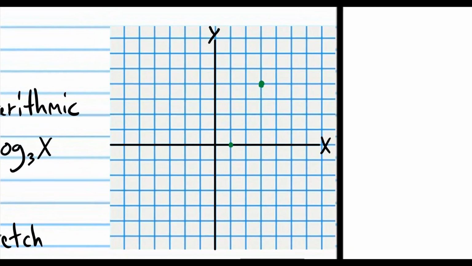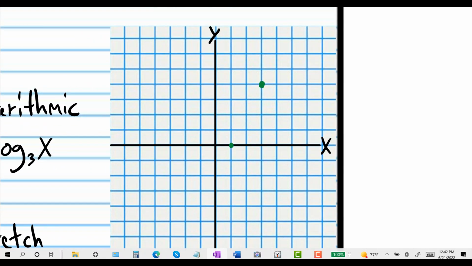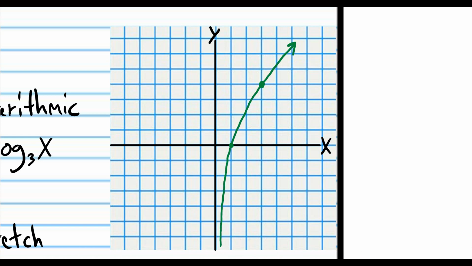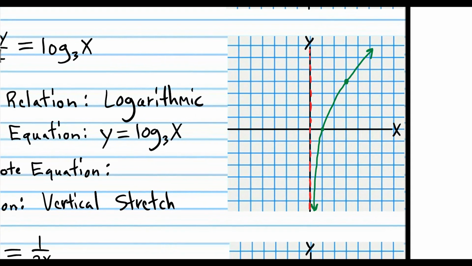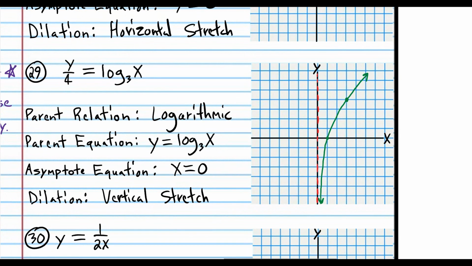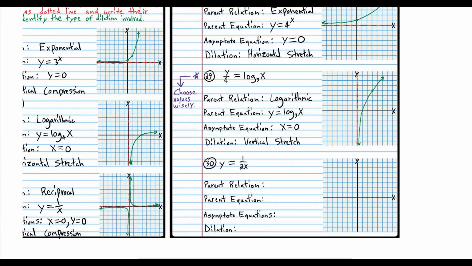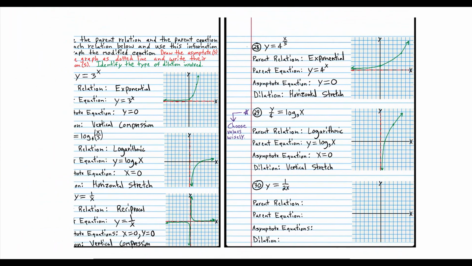Now we're just going to connect the dots because we can't really go any farther up. And I don't really require you to be much more accurate than that. And our asymptote, notice it didn't change locations. It's right on the y-axis. So the equation of the asymptote is x is equal to 0. So if you got that one right, good job. Go ahead and try number 30, and when you come back, we'll do it together.